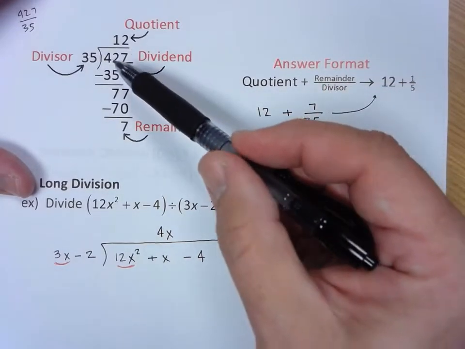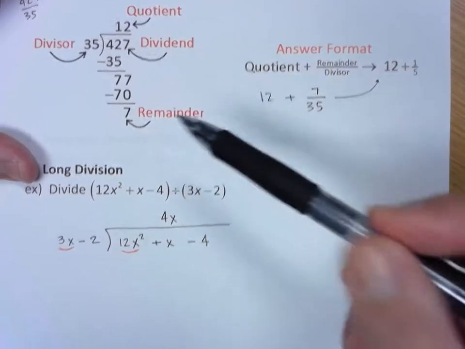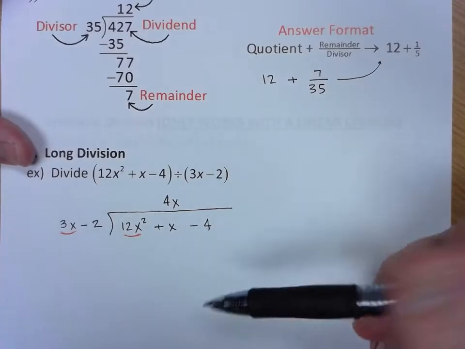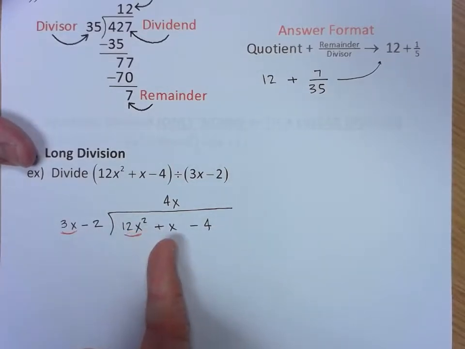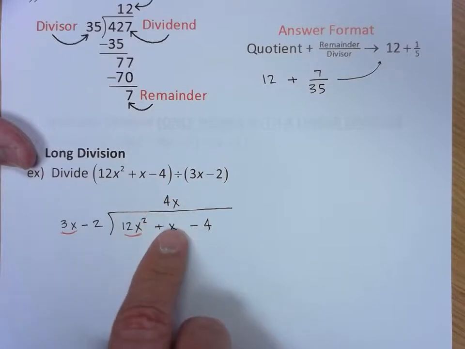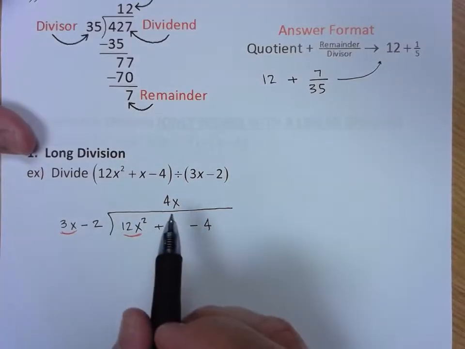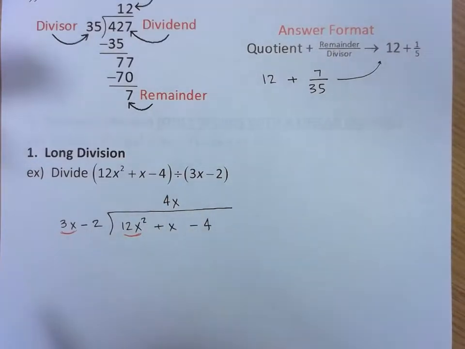So just like the column spacing here is very important, the column spacing here is very important. Make sure there is a column devoted to every possible power of x that could be in your dividend. And line them up based on the quotient being an x term. It's going to go above the x term in the dividend. So I've got the first part of my quotient listed there.